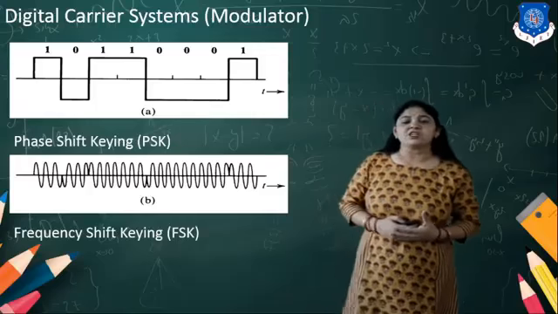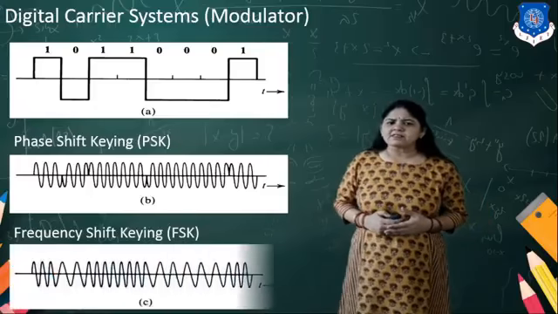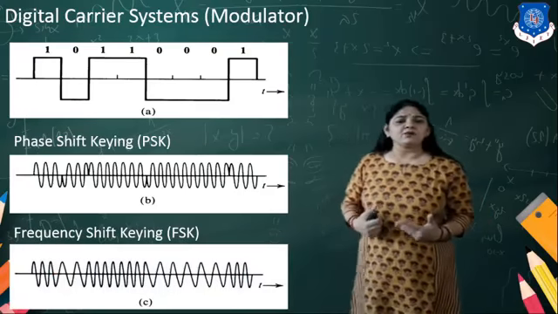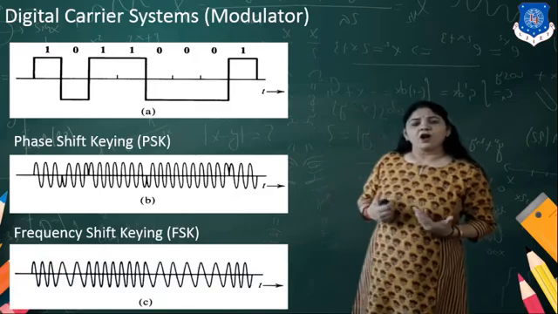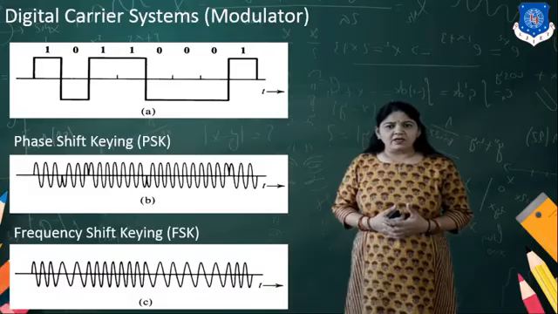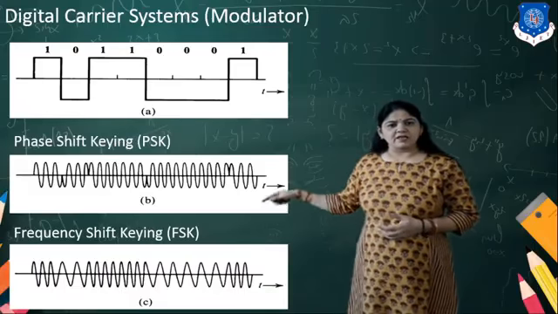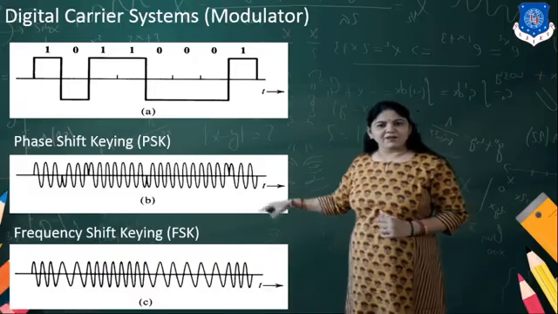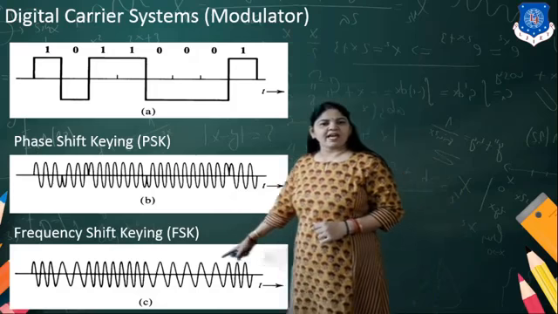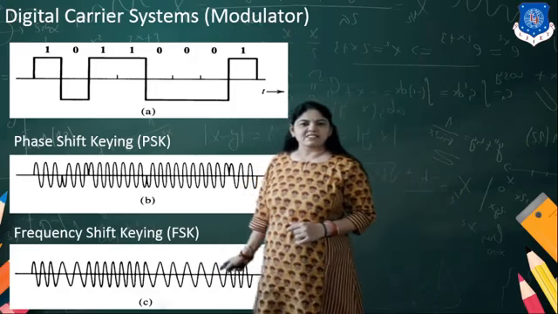FSK, frequency shift keying. What could be the rule for this? We select the high frequency for 1 and the low frequency for 0. So you can see here that for the 1, the frequency selected is different, and for the 0, the frequency we have selected is different.